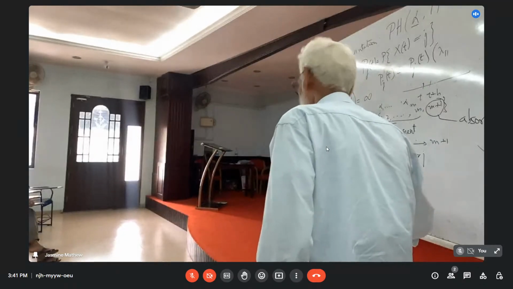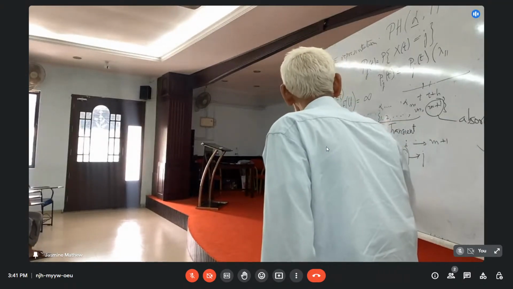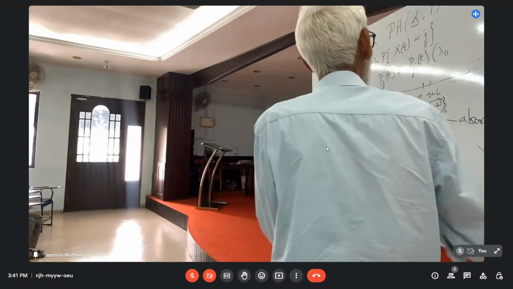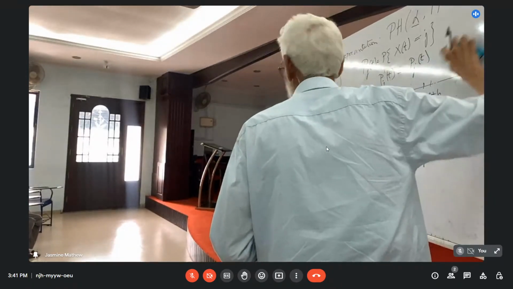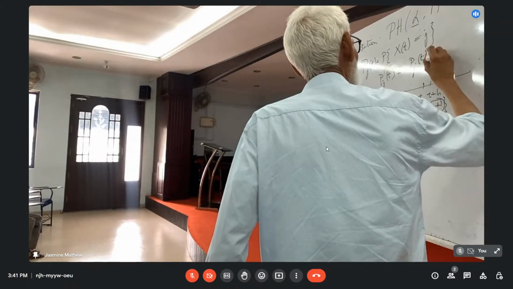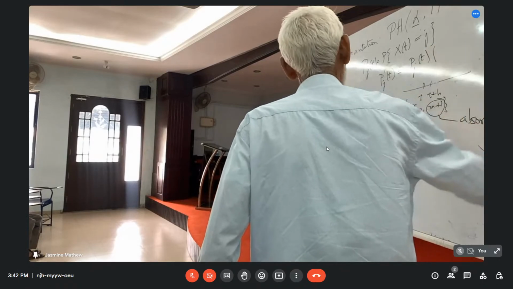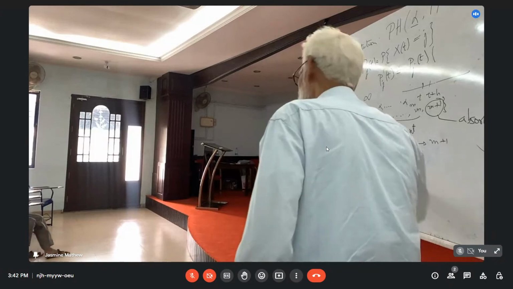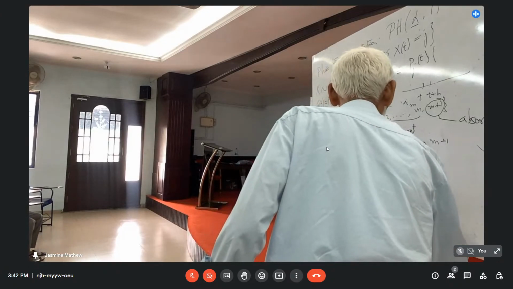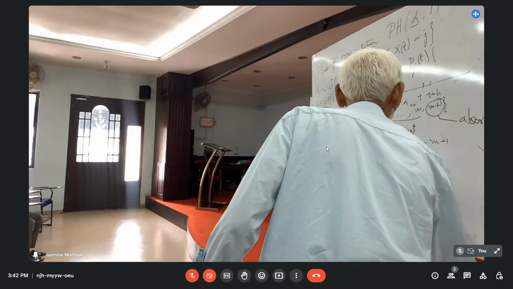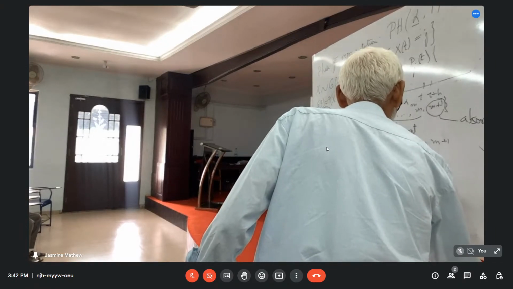Similarly, these things are written. Along the diagonal we have negative. Why negative? You may ask why it is so, and I should actually give an answer to that question. From 1 to 2 it goes with probability lambda 12 h plus o(h).